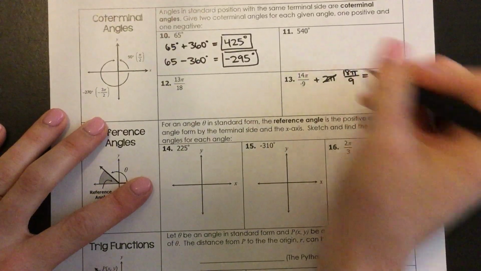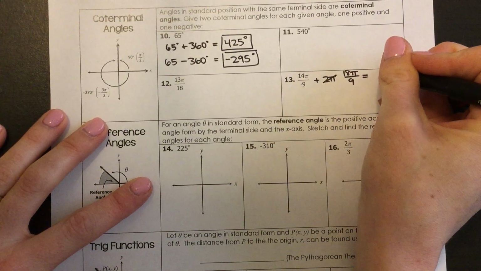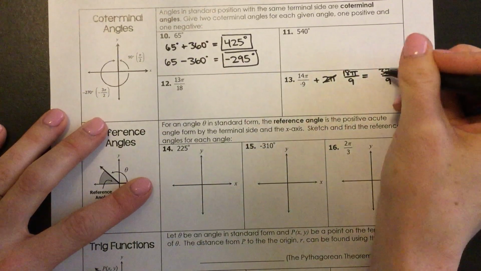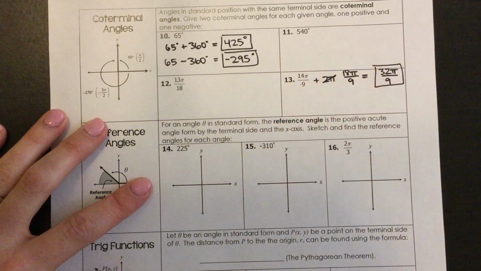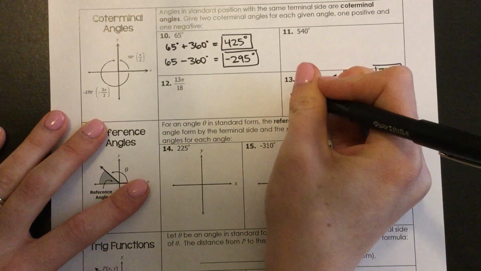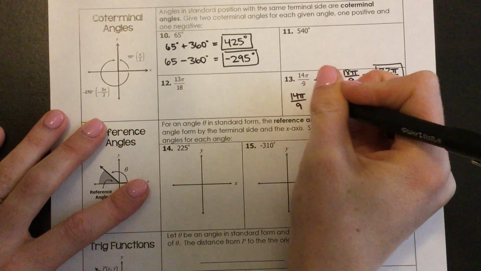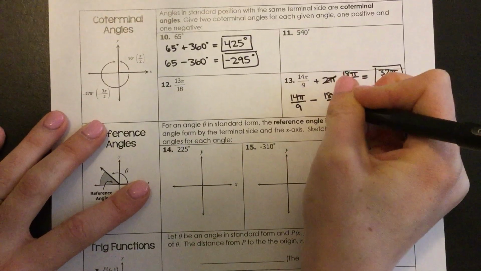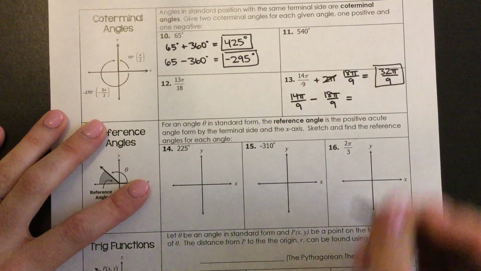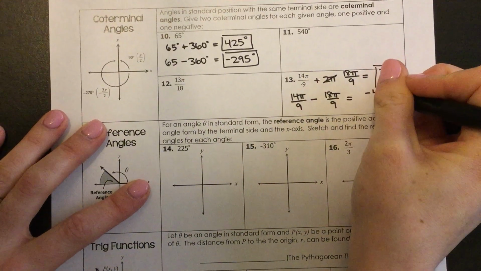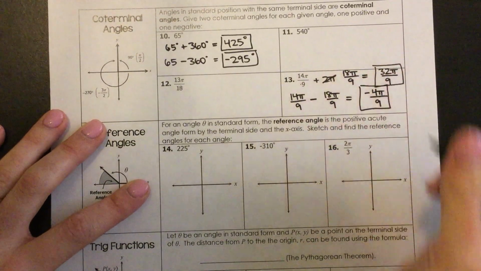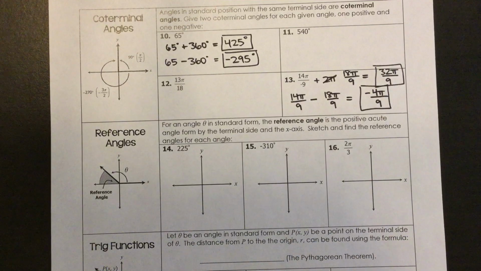So 14 pi plus 18 pi would be 32 pi over 9, my common denominator. So that would be coterminal in a positive direction. Or I could take that 14 pi over 9 and go backwards 2 pi, or backwards 18 pi over 9. And then this one, 14 pi minus 18 pi, is negative 4 pi over 9, my common denominator. So same idea, just in radians instead of degrees.